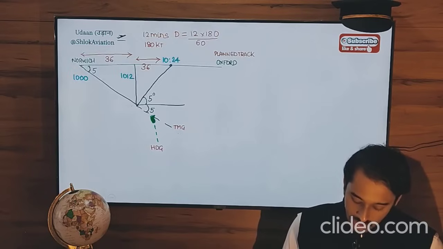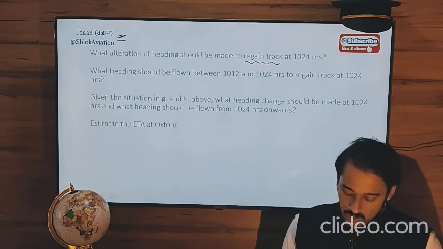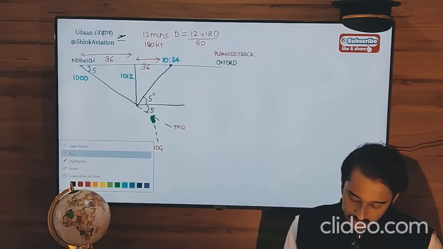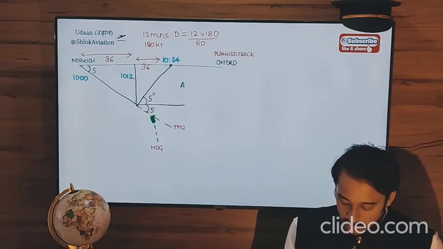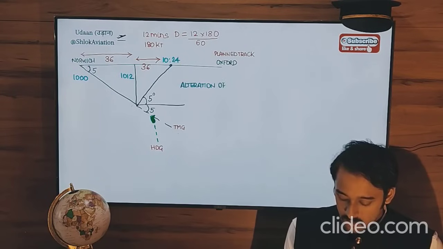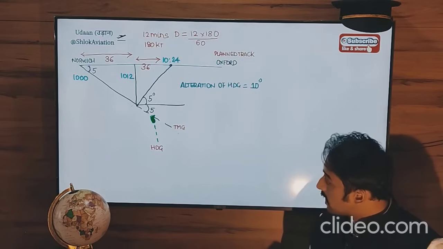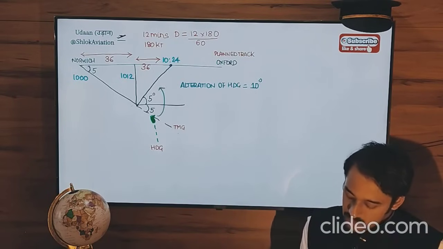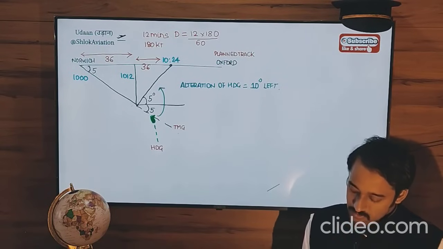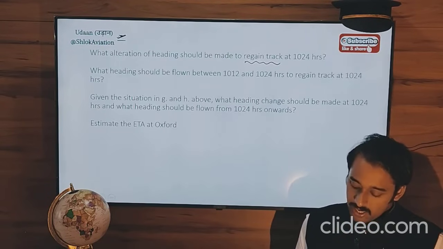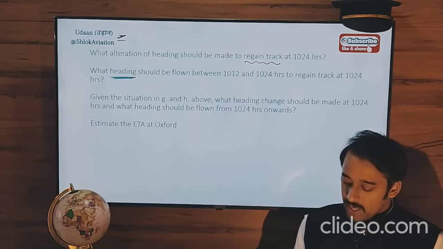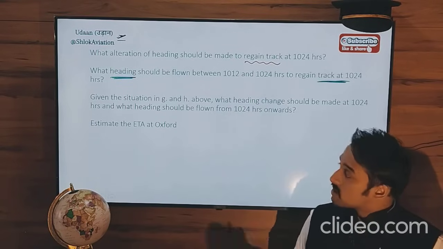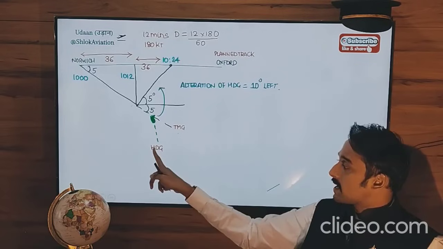Okay. So what alteration of heading is required? The alteration of heading required will be 10 degrees to the left hand side. Next, what heading should be flown to regain track at 10:24? This is the current heading.